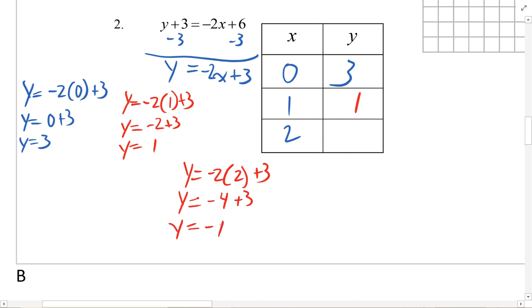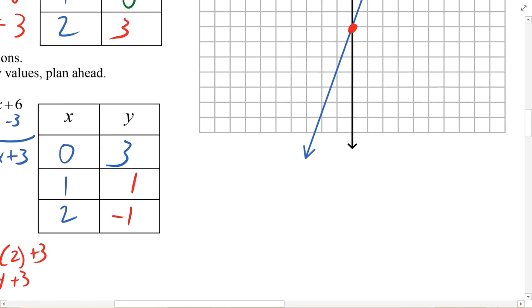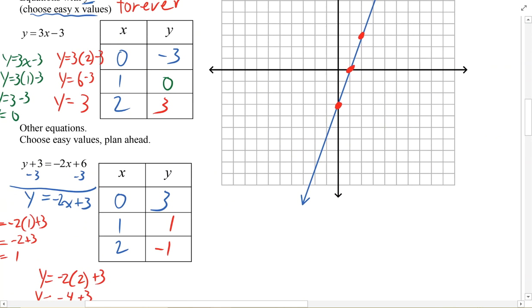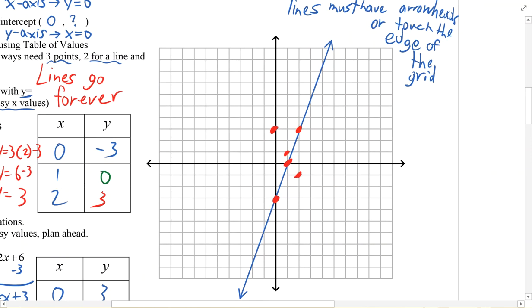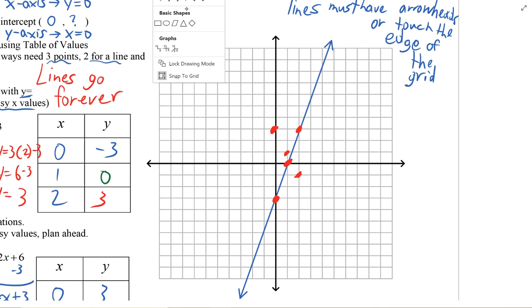Y equals negative 1. And so now we're going to plot the points and make a line. So we have 0, 3, which is up here. Then we have 1 and 1, which is here. 2 and negative 1, which is right here. And now we can make this nice, beautiful line.